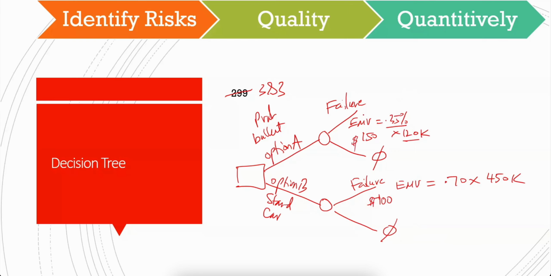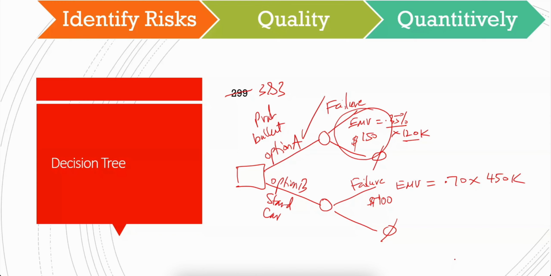So because this EMV is high, you're going to go with the bulletproof car, versus the calculation for a standard car. You're going to say, I'm going to go for it because the risk for me driving in this area of town is low if I travel in a bulletproof car, and it's going to be high if I travel on the same street of the town in a standard car.